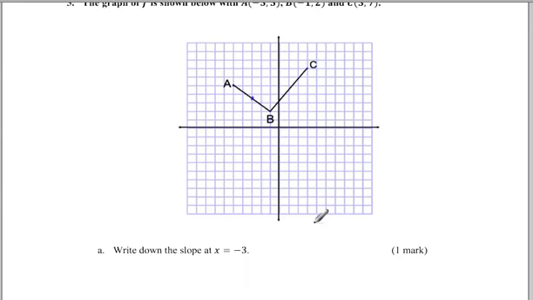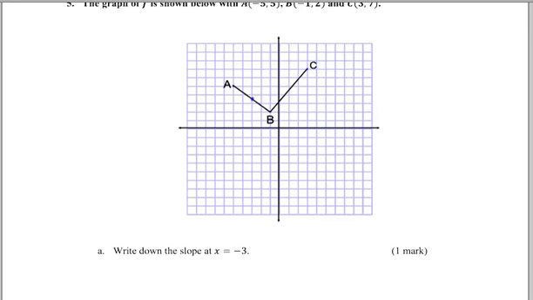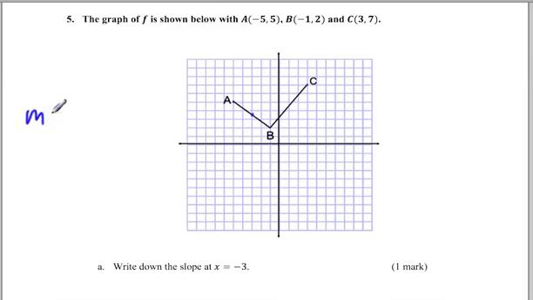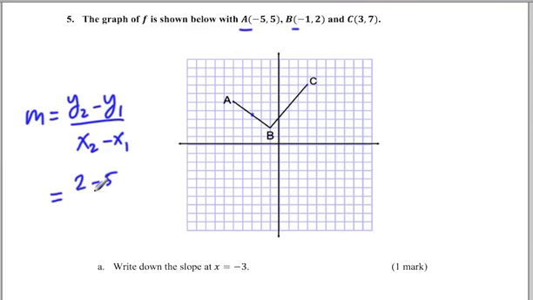So the slope of AB is simply, if you remember the formula, actually I'm going to write it here just so I have some space. So m equals y2 minus y1 over x2 minus x1. Basically we're just taking A and B because it's lying on this line. So it'll be 2 minus 5 over -1 minus -5.